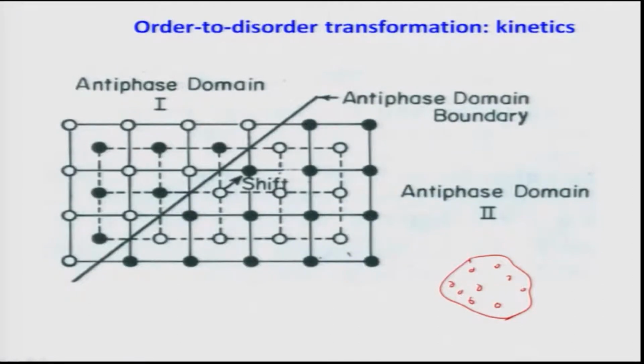So, if one part of the grain, or the ordered crystal, was going with such an arrangement, and another part of the grain was going in another way, that is, the corner atoms are occupied by the gold and the face center positions are occupied by the copper in one part, while in the other the face center atoms are occupied by the gold and the corner atoms are occupied by the copper, and if they grow and meet, a boundary will form in which the bonds will be of similar types.